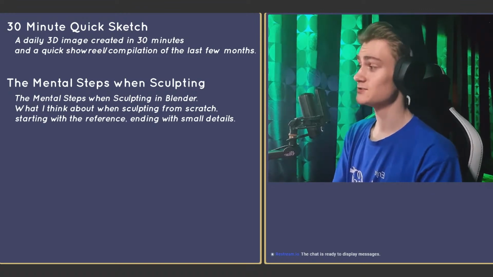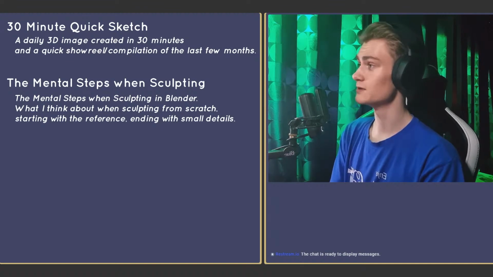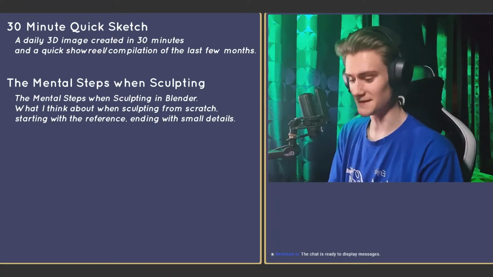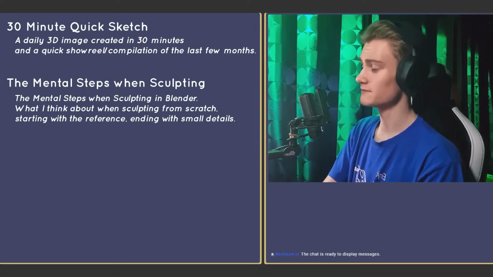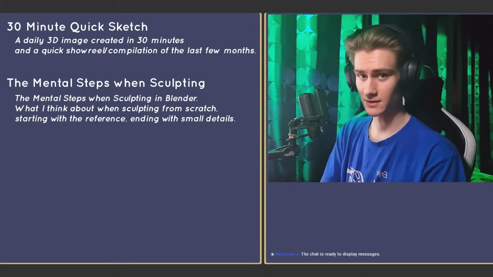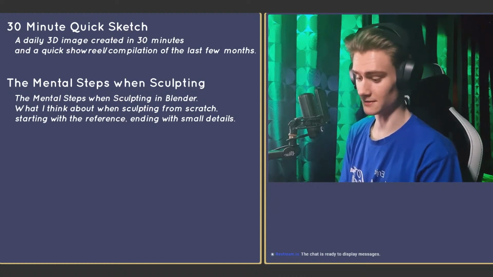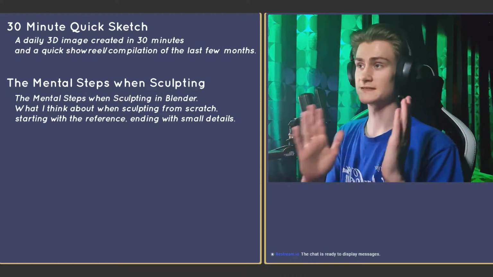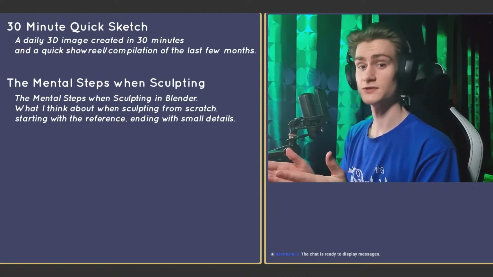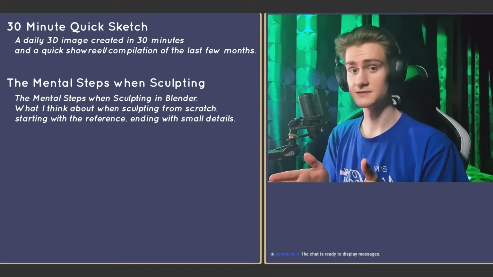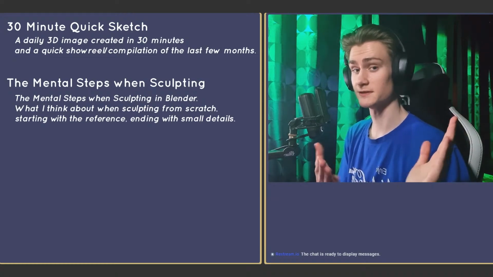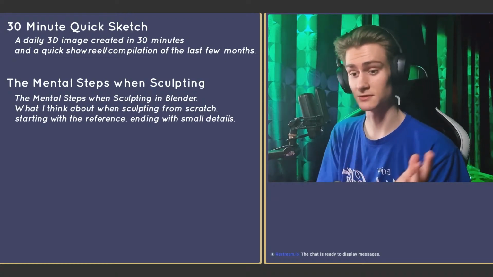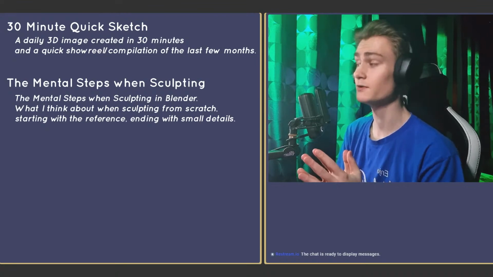Today what we're going to do is go into what I like to call the mental steps when sculpting in Blender. Basically everything that I think about when I do a sculpt, from selecting references to analyzing it, all the way to the end until we reach the final result, going into a little bit of detail for the sculpt too.